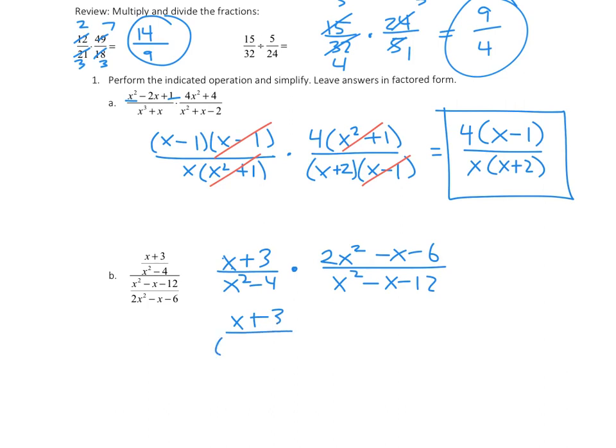and we get x squared minus 4 is the difference of squares, so it's x minus 2, x plus 2. And on the top of this fraction, I'm going to need a 2x and an x to multiply to 2x squared. And then I need some factors of 6. I'm going to guess 3 and 2.